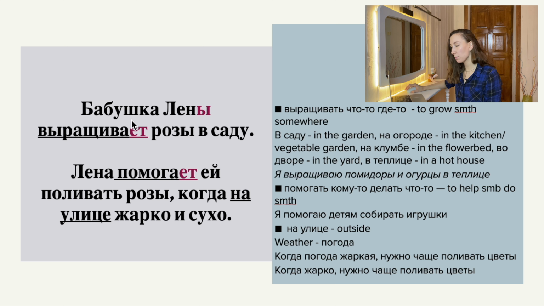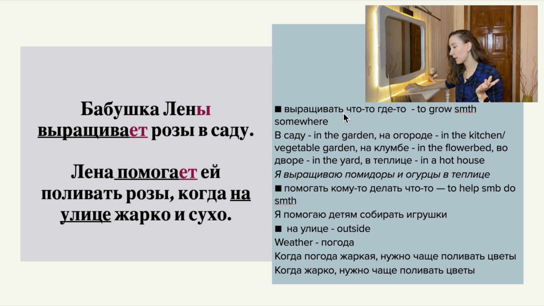Helen's grandmother, бабушка Лены. Mind that we changed the word order in the English translation. We also changed the ending of the name Lena into Лены. Выращивает, grows, розы, roses, in her garden, в саду.